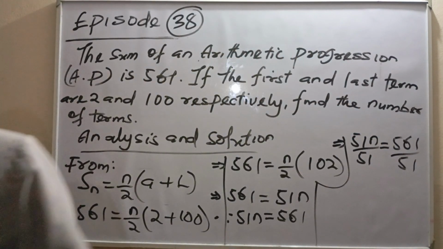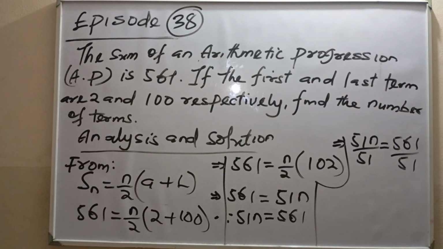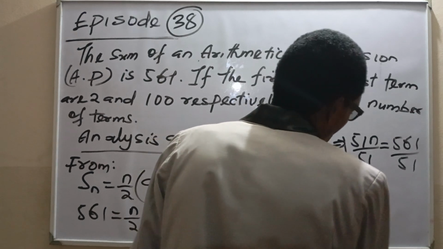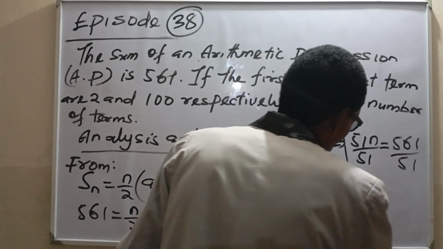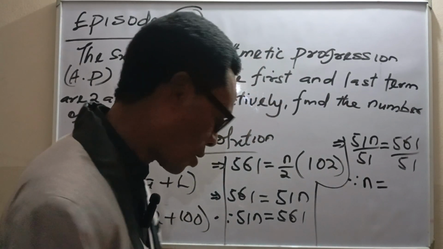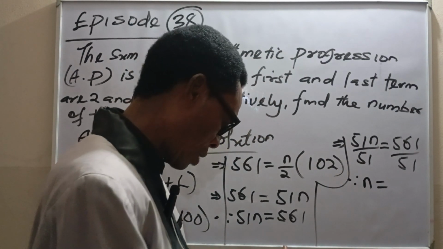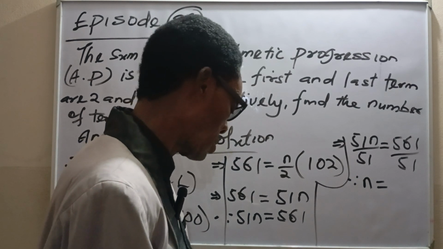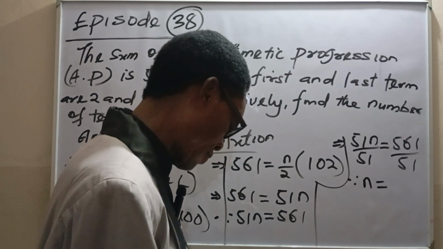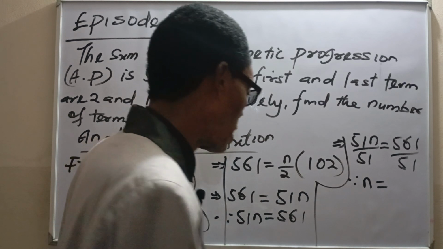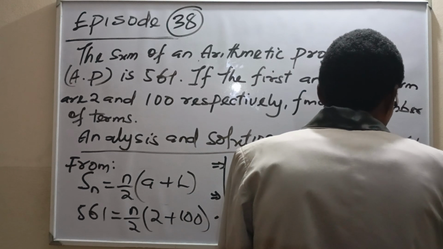Then 51 cancels 51, leaving n equals 561 divided by 51. I think that will give us 11.